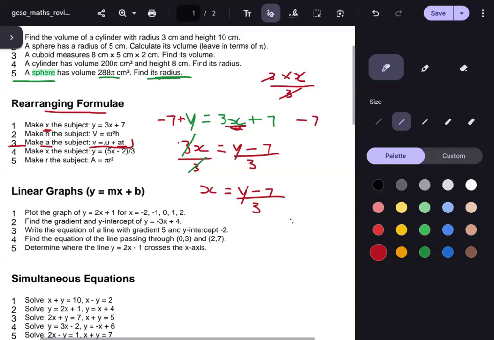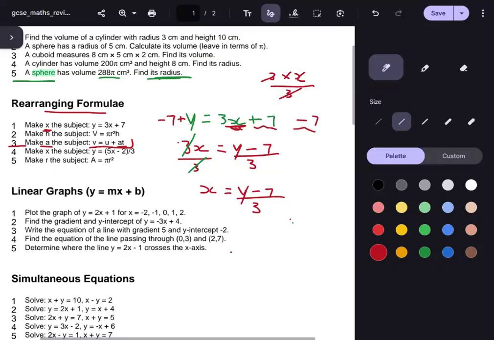So U is next to the A. So what can you do on the right hand side to get rid of the U? U is being added to A and T, so you can subtract the U, right? Okay. Just like here, I subtracted the 7 because we had a plus 7.